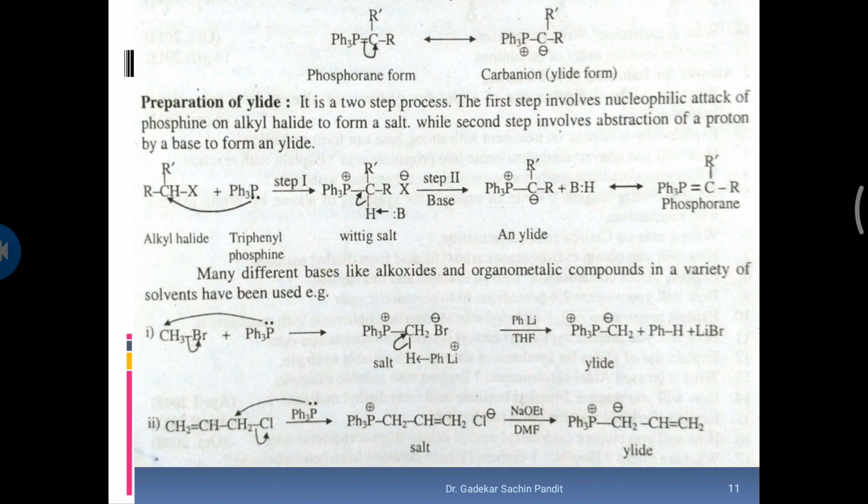Okay, so this ylide reacts with a ketone to form an alkene. The most important use of the Wittig reaction is the conversion of a ketone to an alkene, using a phosphonium halide.